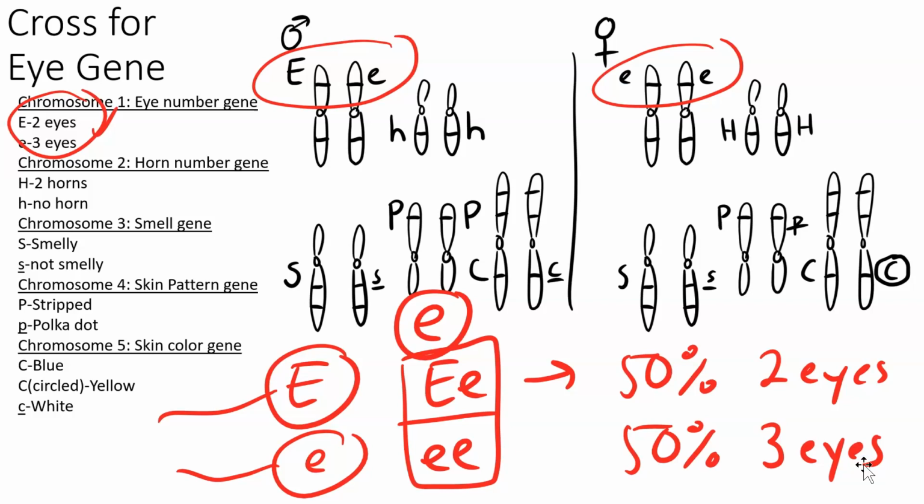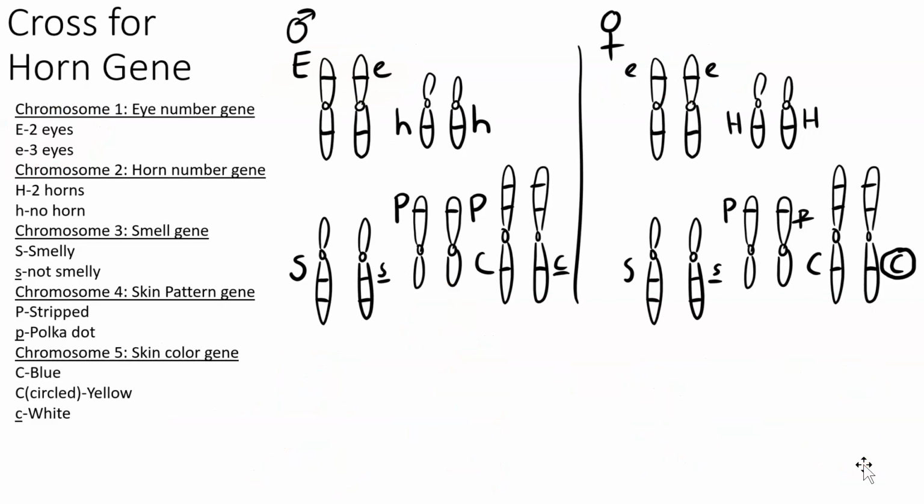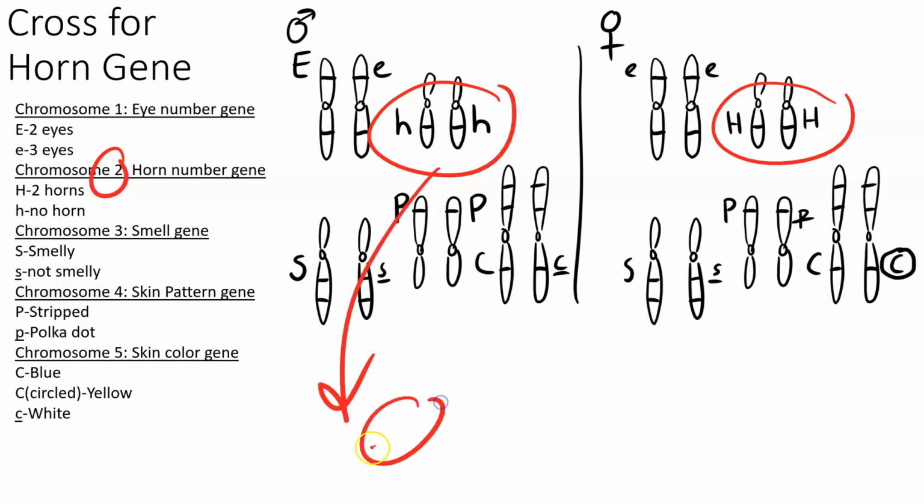Okay, moving right along. The next cross we're going to look at is for the horn gene. Our horn gene is over here on chromosome number 2. And we just basically look at the phenotype, or the genotypes. So dad is homozygous recessive, mom is homozygous dominant. It's the easiest Punnett square to set up in the world because the only thing dad can package into a sperm are chromosome number 2s that have the little h allele for the horn number gene.